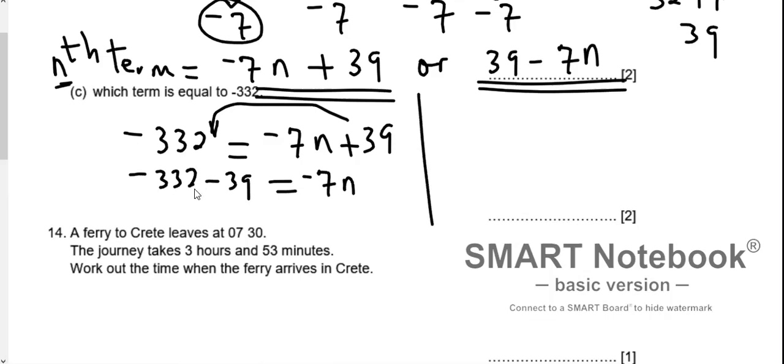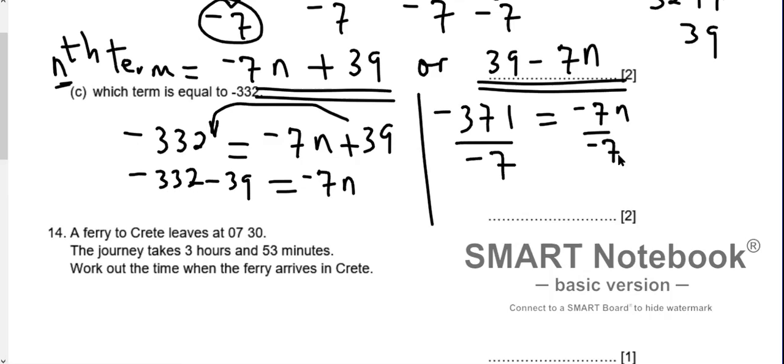And when you add this, you're going to get 11 there, 11, and then 7. So this is 11, 6, 7. So 371. So negative 371 equals -7n. To find the value of n, you need to divide it by -7. Divided by -7.